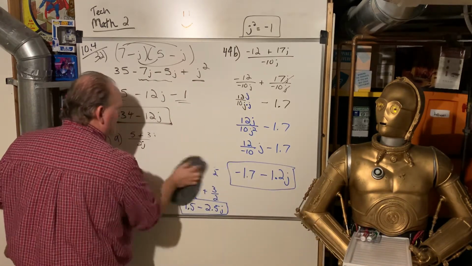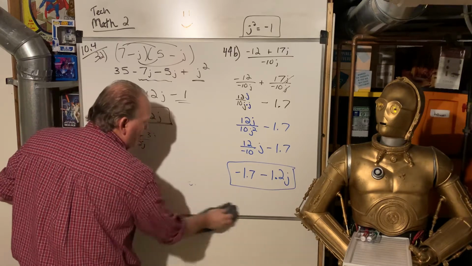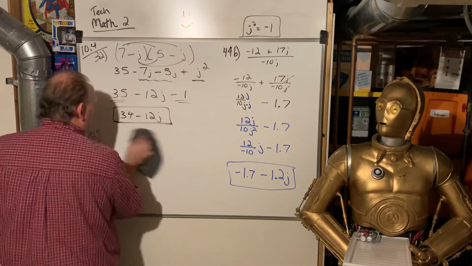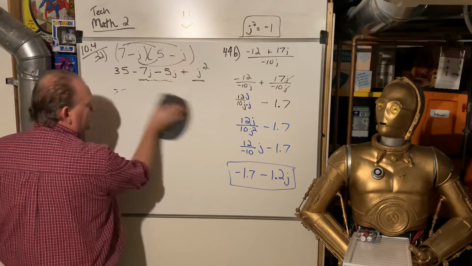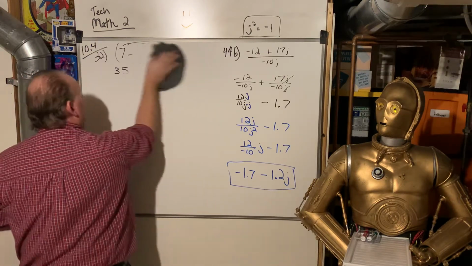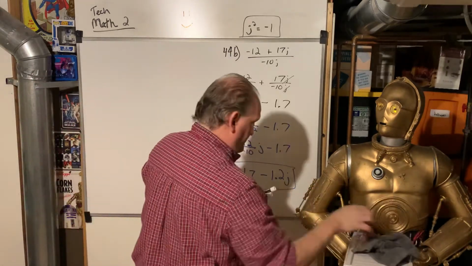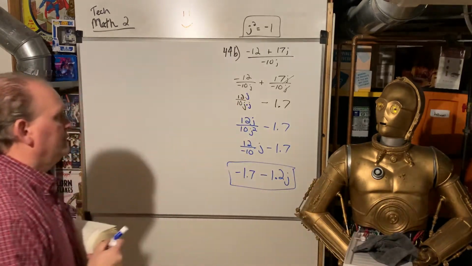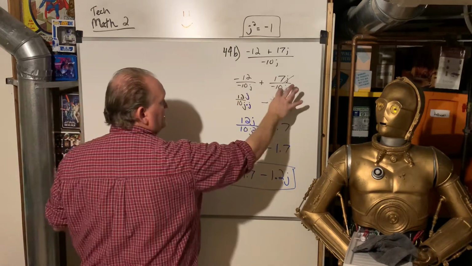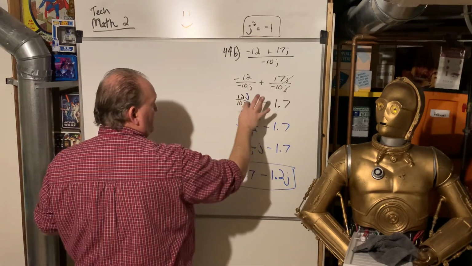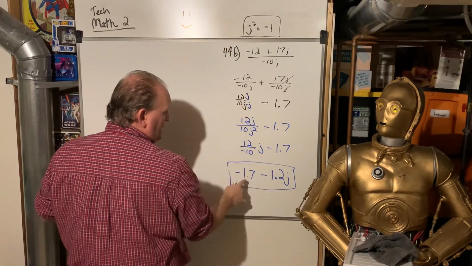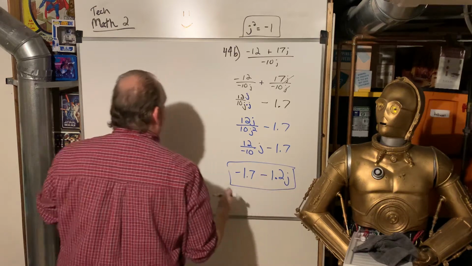It's fine. What would be a good idea on the homework is to show the work until you get the hang of it. But on the test, if you skipped the step of multiplying top and bottom by j, I would be okay with that still. I wouldn't take off. I'd still want to see some work. I'd still want to see the divide. But if you went from this step right down to that step, that would be fine.